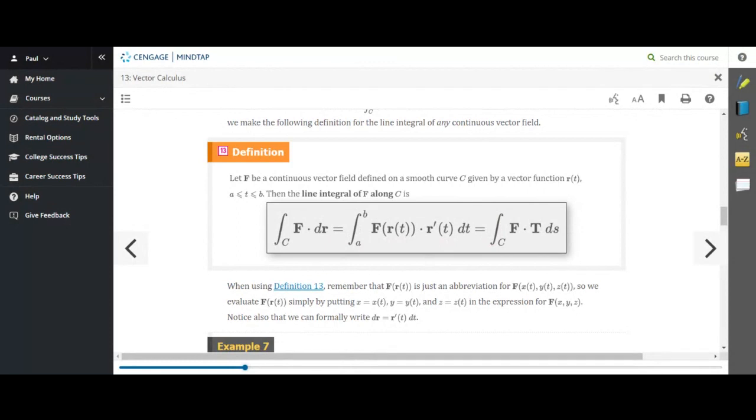We denote that in shorthand notation by the integral of F dot dr. Now, why would that be? Let me go to the whiteboard.